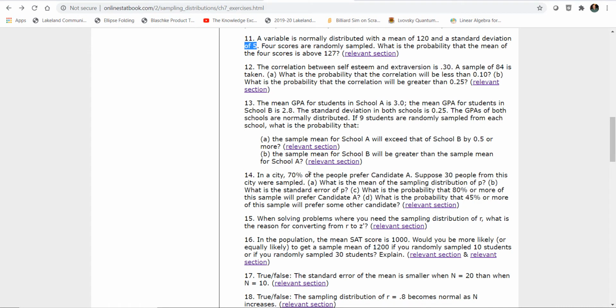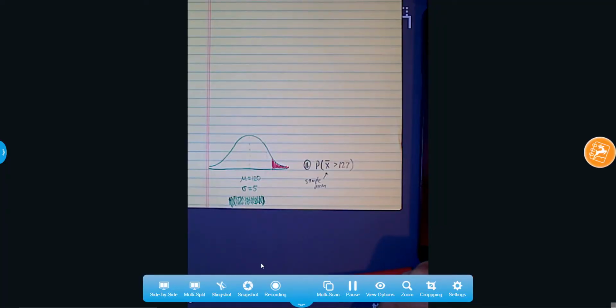So you should have a picture in your mind when I say that by now, by the second half of the course. I'm going to go ahead and show you a picture. Here's a bell curve. The mean is 120. The standard deviation, which will take you to about this point of inflection here, that's 5, let's say. So there's a picture.